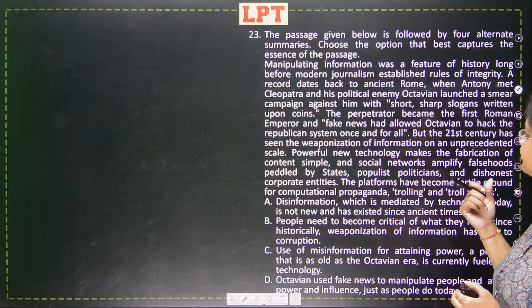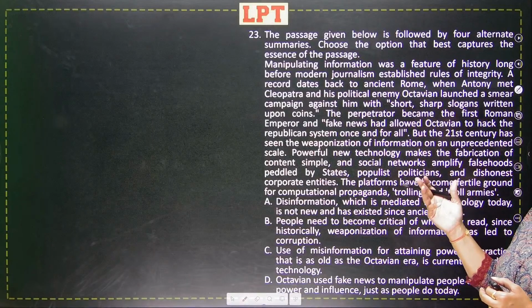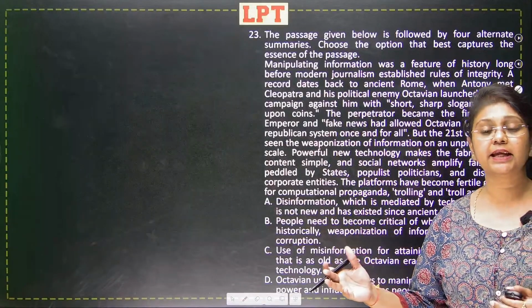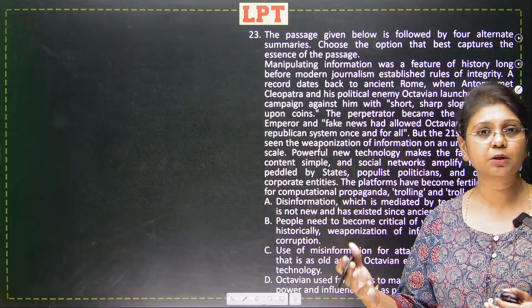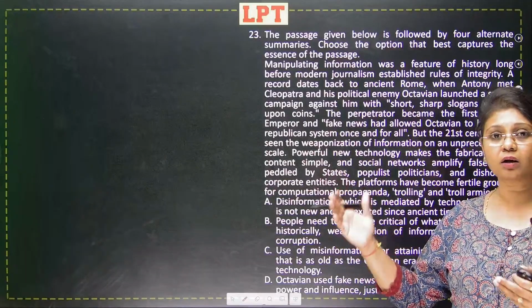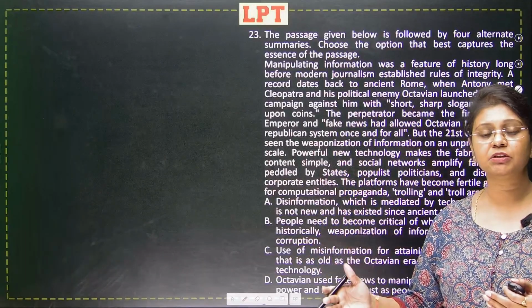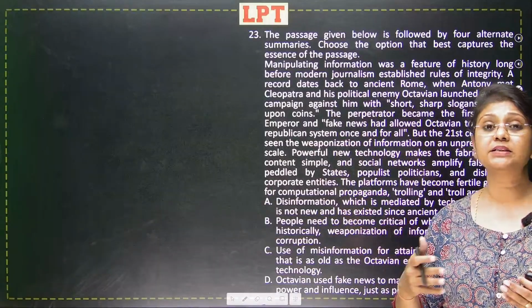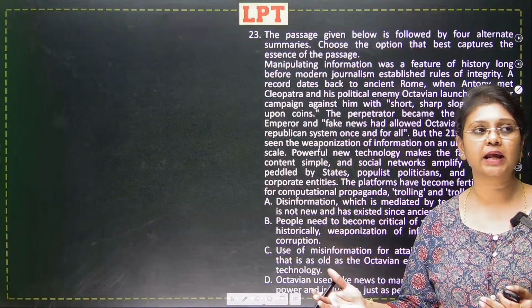So you have this passage here. Read the passage, try to understand the details, find out the major points here. Then when you are solving in terms of the options that are given to you, try to figure out what is the flaw in the options and then choose an appropriate summary.